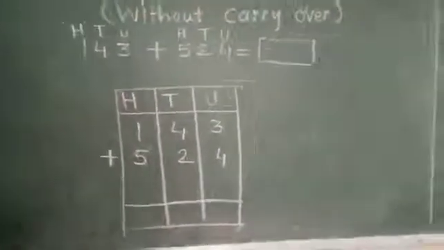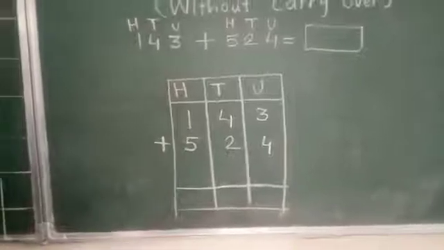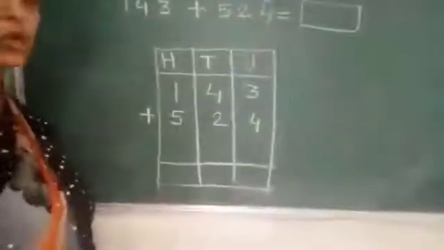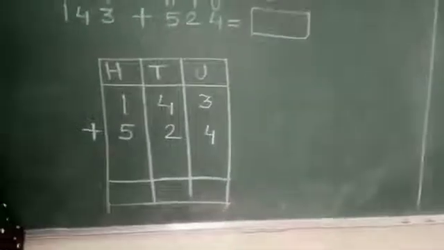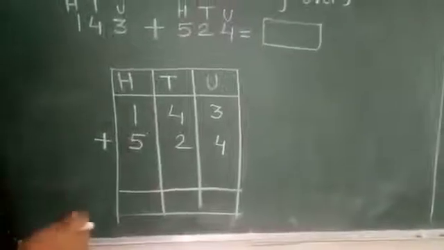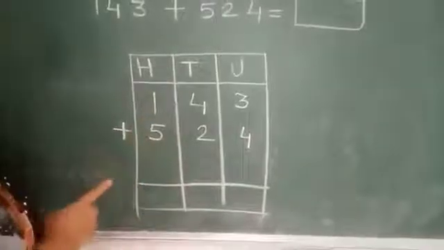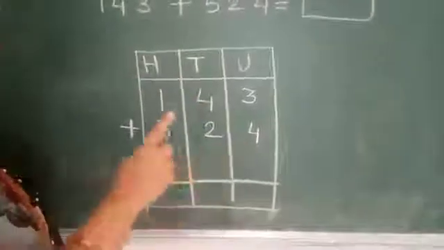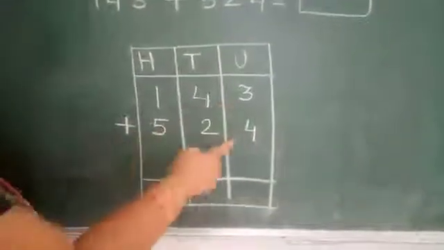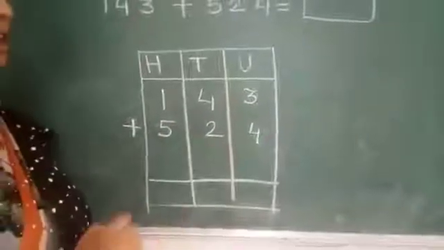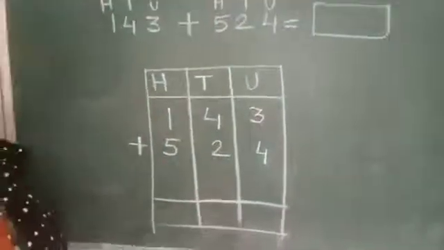Now we will do the addition. Now you can use your fingers, you can use lines, you can use circles, or you can use any objects also. Now don't forget, we will first do the unit side. Now see, 3 plus 4. Then tell me, 3 plus 4. How many?